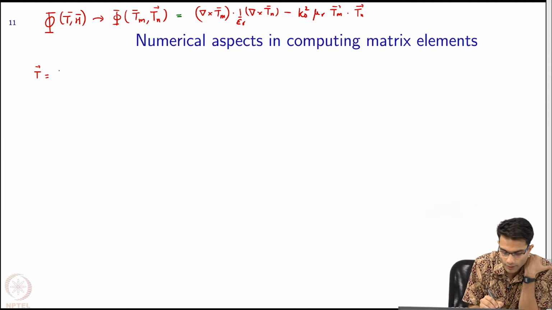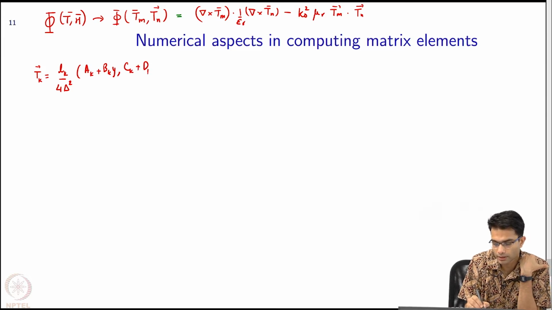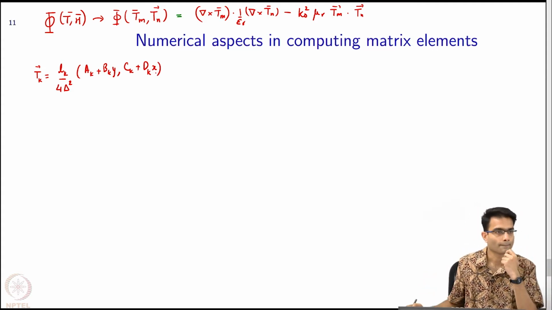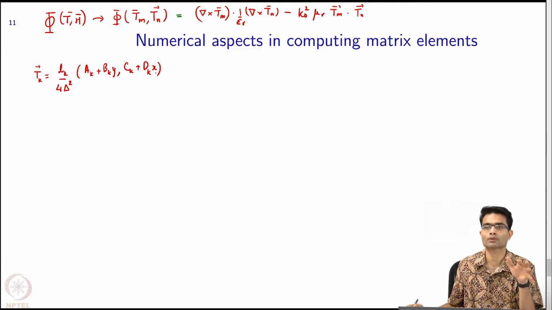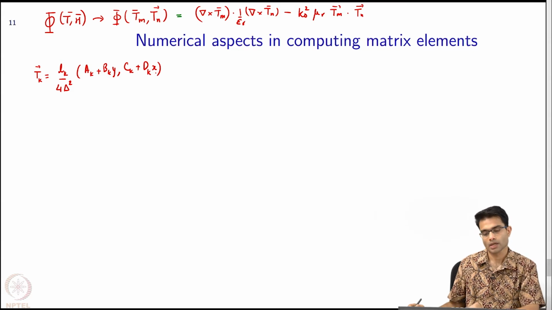I had T k equal to L k by 4 triangle squared, times A k plus B k y, C k plus D k x, where these capital A, B, C, D come from the coordinates of the element. So, it is all given to me.